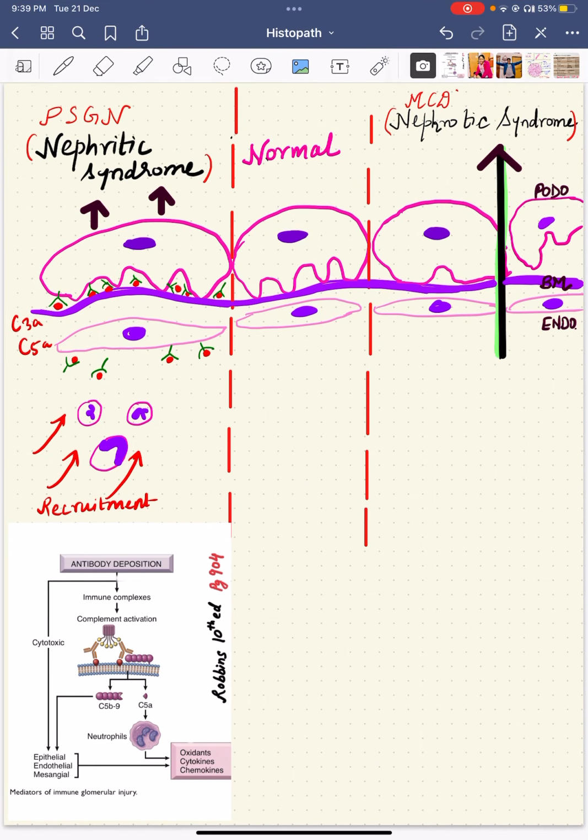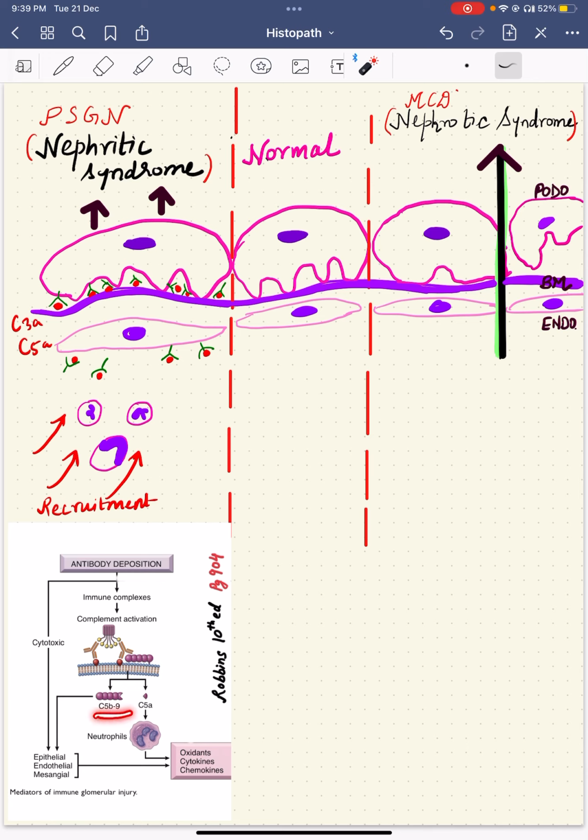So here again, which I already explained to you, whenever there is immune complex deposition in the glomeruli, mesangium or subendothelium, there will be complement activation, and because of that there will be formation of C5a, C3a, that will cause the recruitment of the neutrophils.